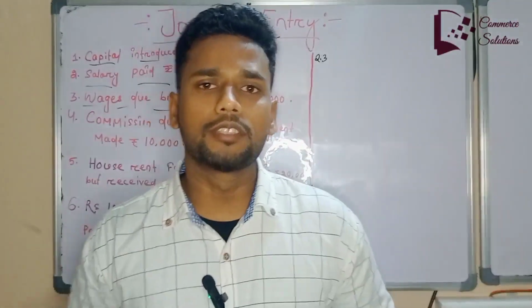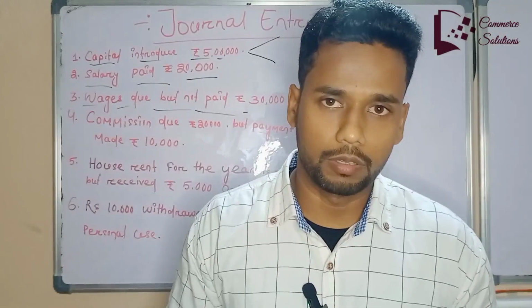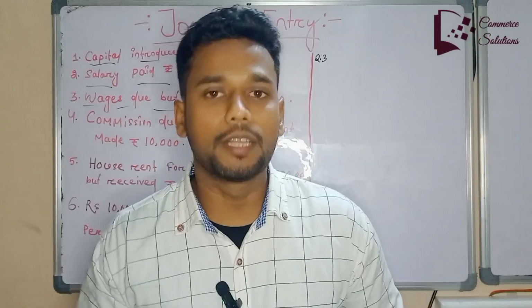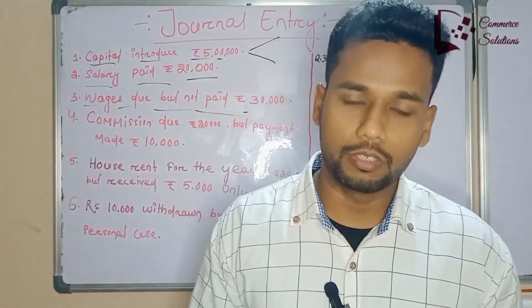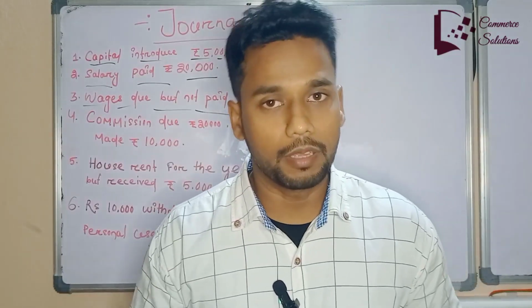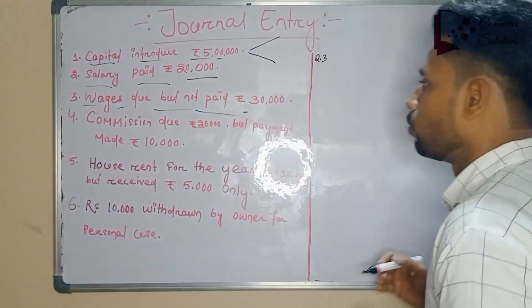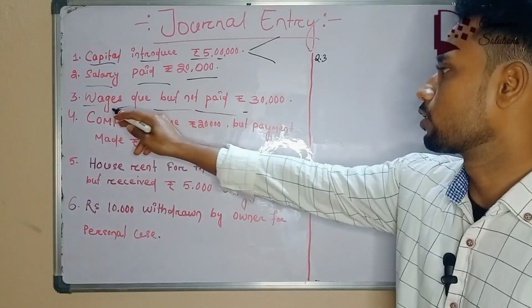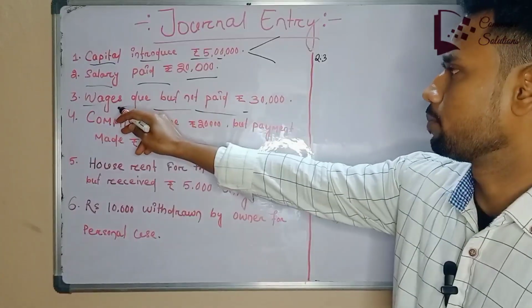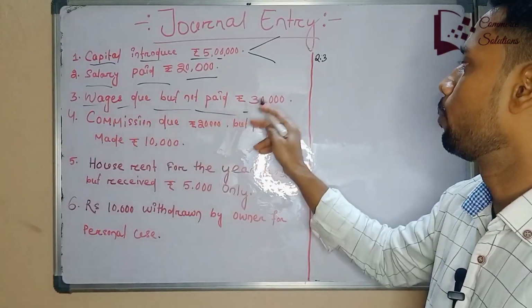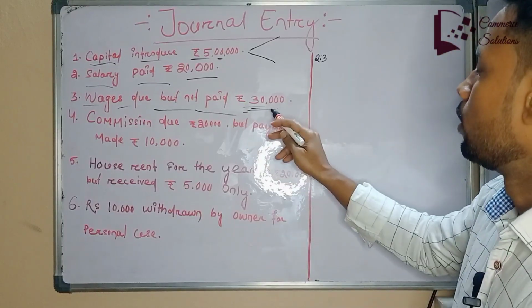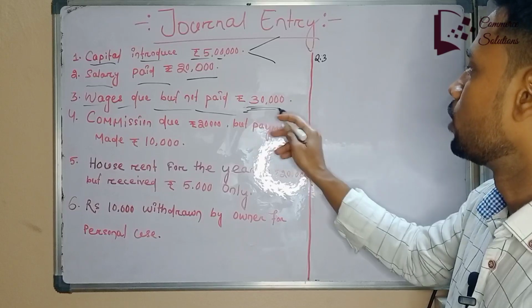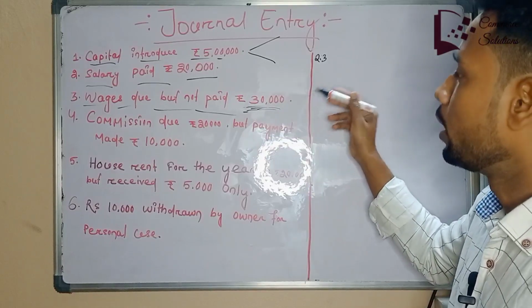So it is the receiving aspect of the business. In return we give some cash or bank, which is the giving aspect. Here wages are due but not paid. This is the due amount. The business has not paid the 30,000, but it is due. We have to pay that.